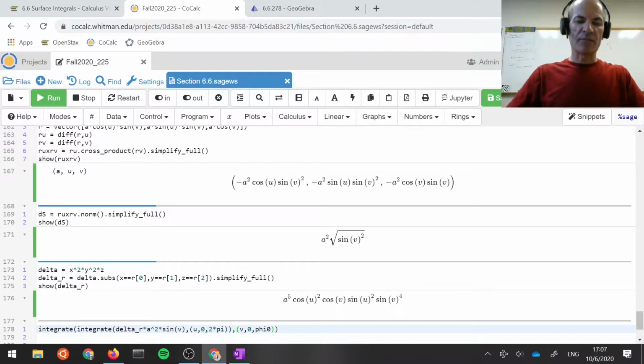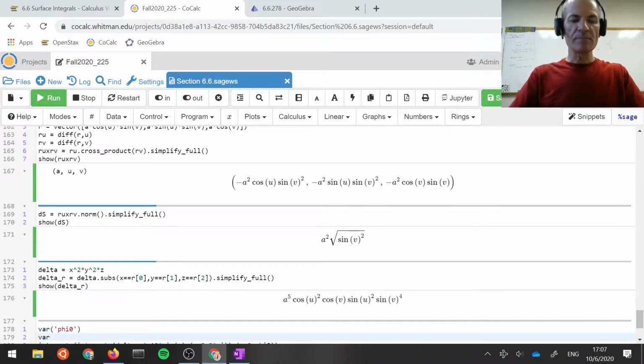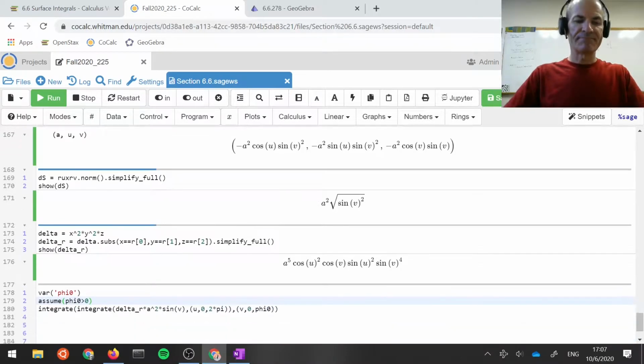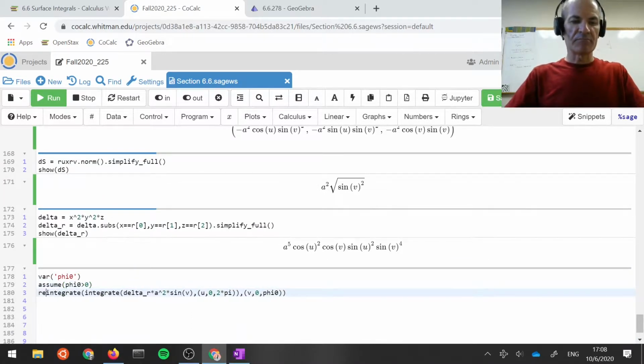And it's going to complain about phi 0 because I haven't declared it yet. Let me declare it. And then let me also just assume that phi 0 is greater than 0. And let's store the result here, just call it result, and show the result.